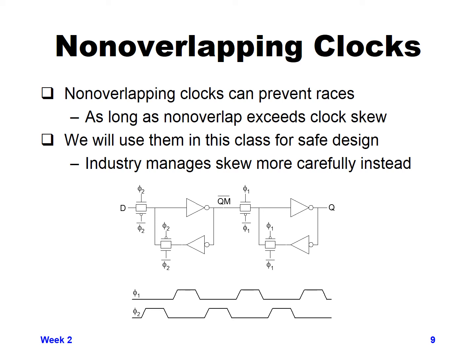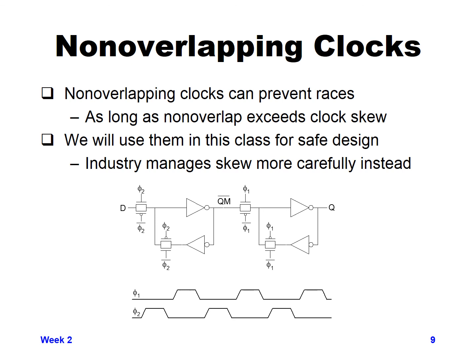By doing this type of thing you can guarantee that you won't get these race conditions, as long as you don't have too much clock skew in your design. If you get a whole bunch of clock skew, you can always get race conditions, but you try to manage clock skew really well. So in a lot of these lectures, we'll be talking about two-phase clocks.